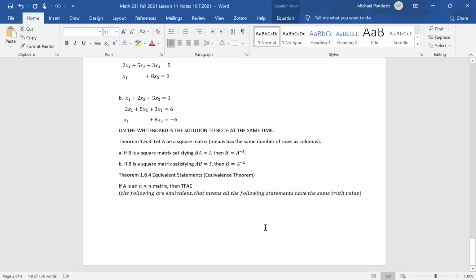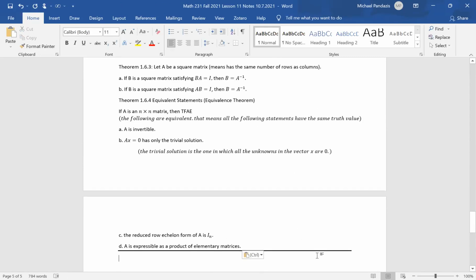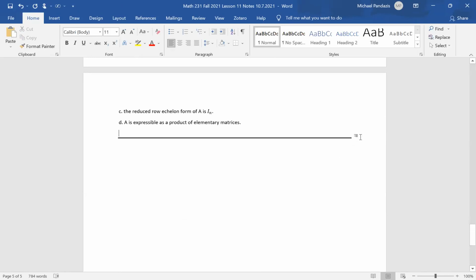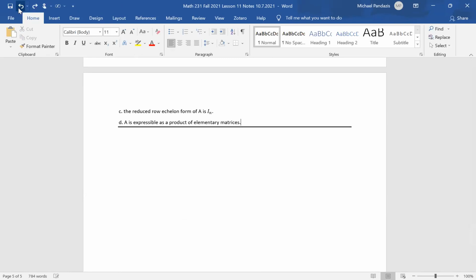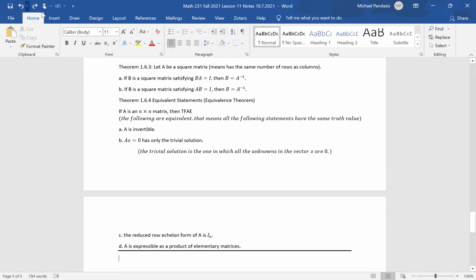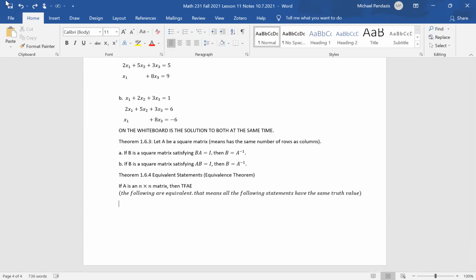So maybe I can paste it without the line showing up. Nope. Okay, so I'm just going to do this.